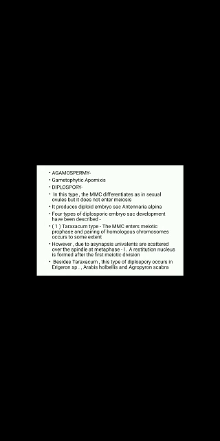Agamospermy: gametophytic apomixis. Diplospory. In this type, the megaspore mother cell differentiates as in sexual ovules, but it does not enter meiosis. It produces a diploid embryo sac. Example: Antennaria alpina. Four types of diplosporic embryo sac development have been described.